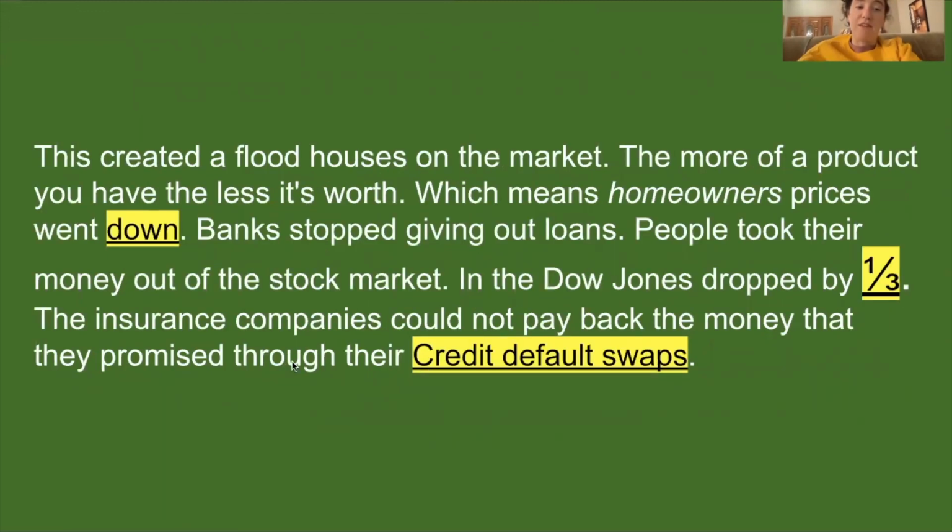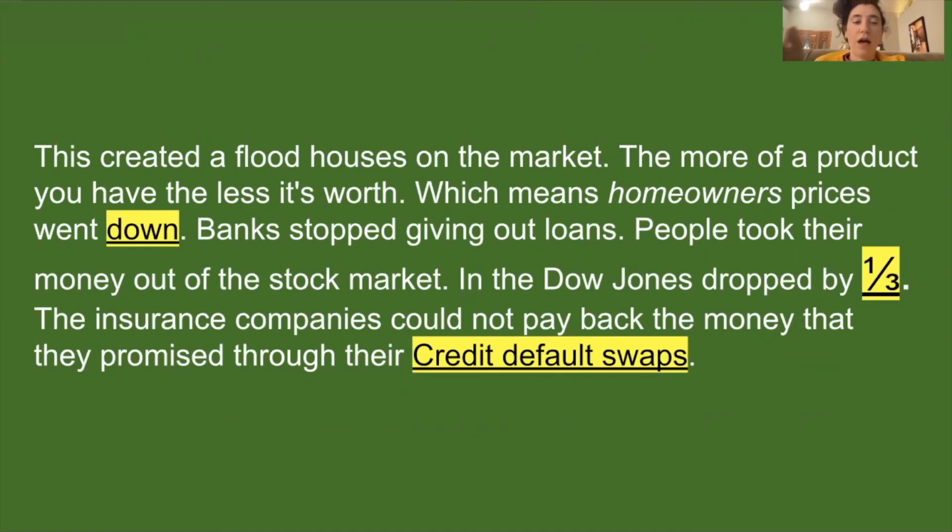This created a flood of houses on the market, okay, because people are defaulting, they're not able to pay the mortgage. So the bank is taking their house and selling it. So a bunch of these houses are going on the market because people are defaulting all at once.